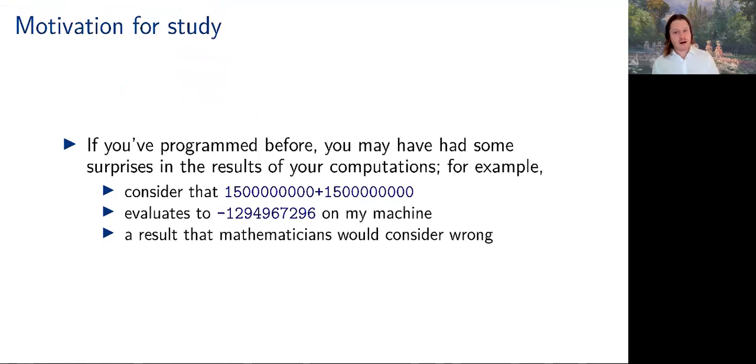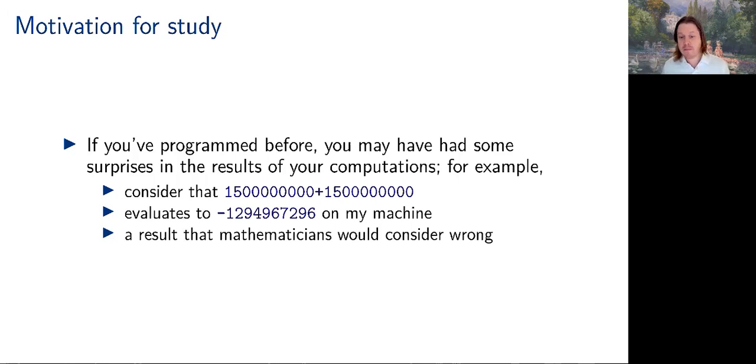If you've programmed before, you may have had some surprises in the results of your computations. For example, consider that this really large number, I believe it's 1.5 billion, plus another really large number, again I think 1.5 billion, evaluates to some really large negative number on my machine. And the question is, what's going on?